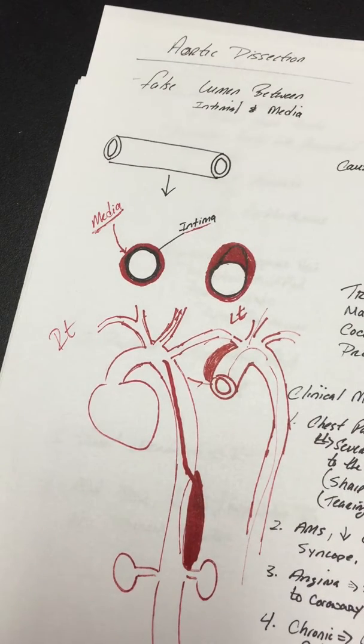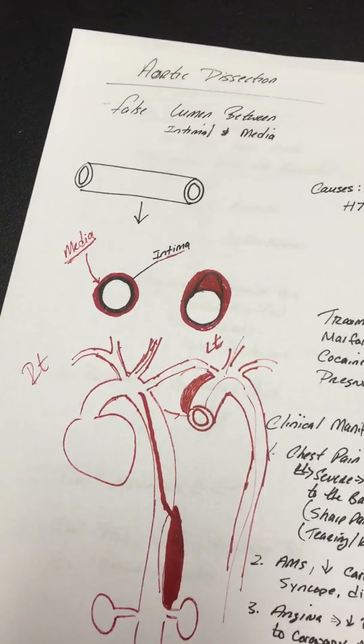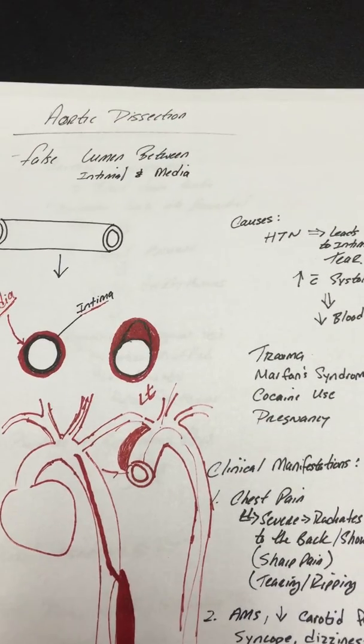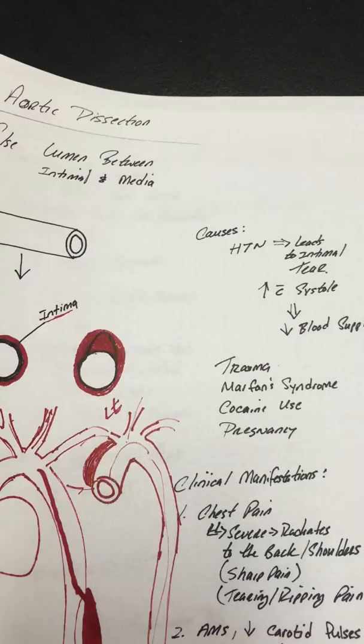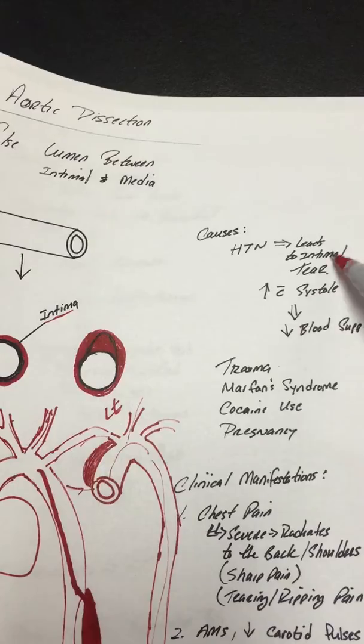So let's take a step back. Let's focus on some causes. Number one, hypertension. Hypertension again is going to cause increased pressure, in this case in the aorta. This can lead to an intimal tear.